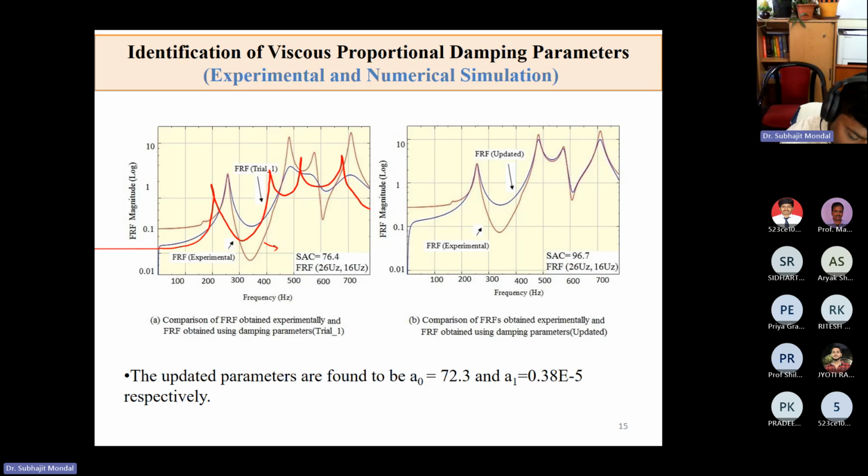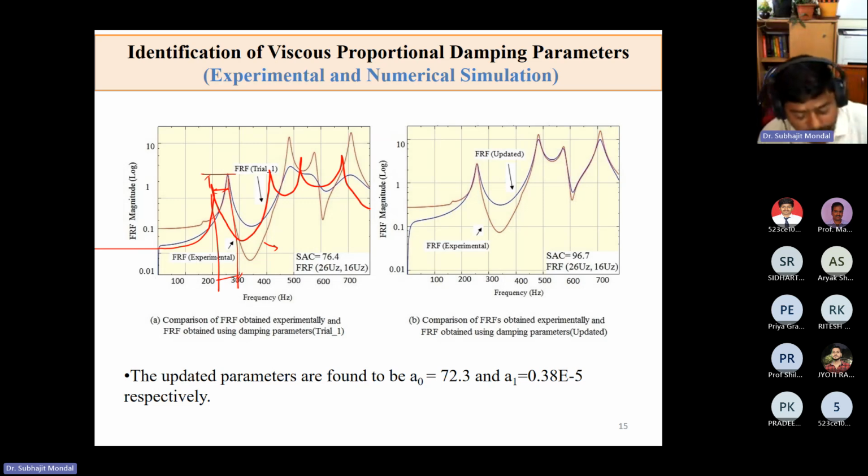The problem is that there is some shift in the frequency, as well as a change in the damping. Now how to deal with that? If we do the experiment, our FRF will be like this, and if we do the numerical modeling, our FRF will be different. The pattern will be similar, but there is a shift in the frequency.